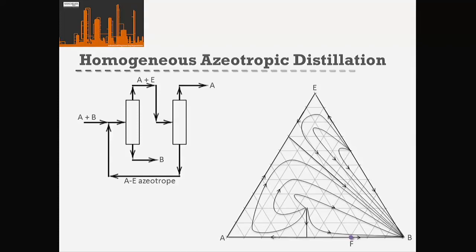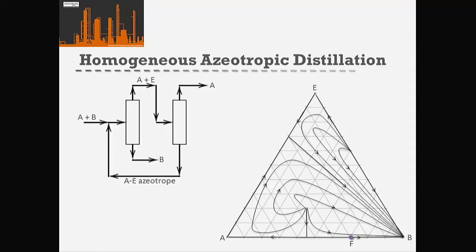So let's think about our system. If we had pure entrainer, we can't get to it from our feed, because we've got this distillation boundary. It's not a possible composition, not a possible product.